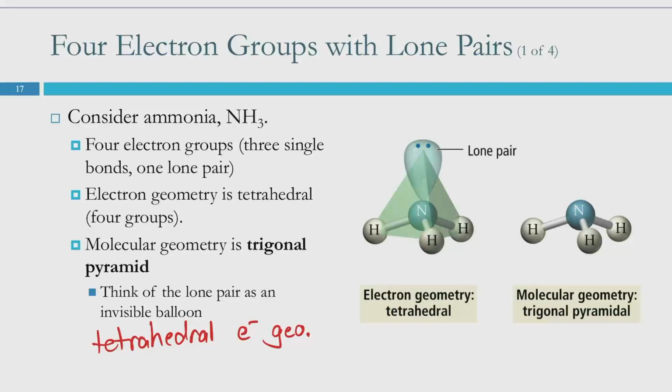Now how many groups do we have? How many can we see? 3. We can see 3 groups. 3 means trigonal. But it's not flat. It's not the YMCA pose. Right? One of our hands is sticking out in front. It's not flat. We're not being a diva. One's sticking out. So it's not flat, and so it's trigonal pyramidal.